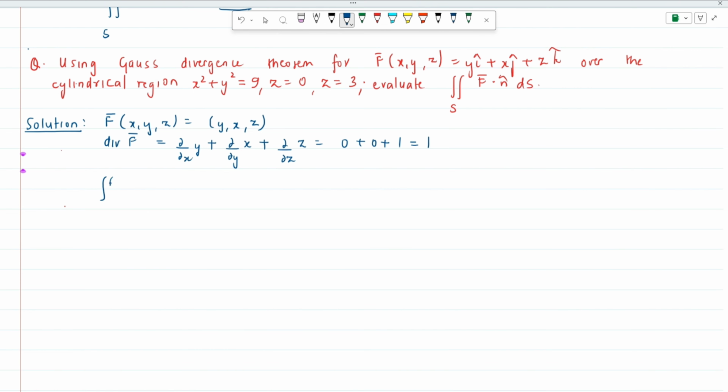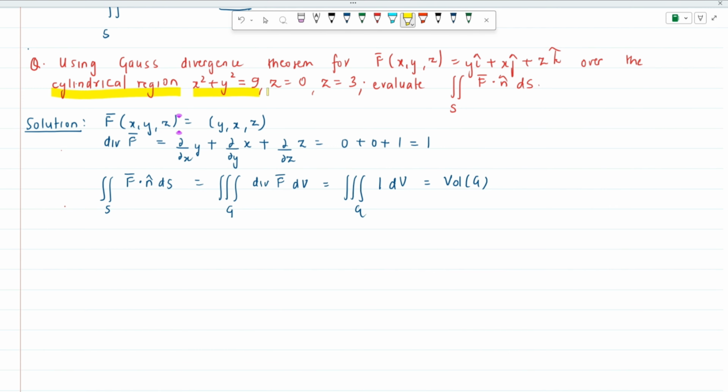By Gauss divergence theorem, we have that the surface integral of F over S is evaluated as the triple integral of the divergence of F bar dV over the solid G. So this becomes the triple integral of 1 dV over G. Again, since we have the triple integration of 1, this is nothing but the volume of the solid G. In the problem, if we have a look at G, it is said that G is the cylindrical region given by x square plus y square equals 9, z equals 0, and z equals 3.